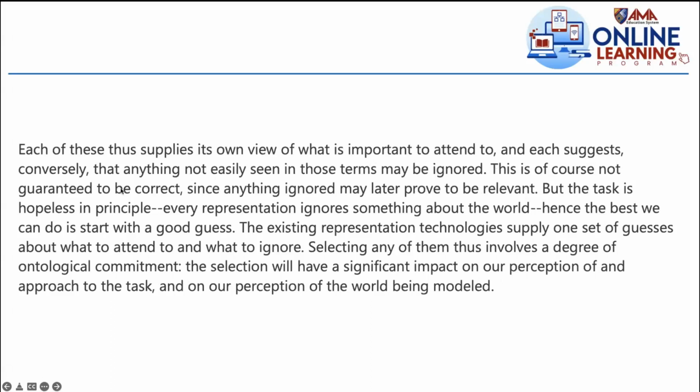So if you choose rules, or logic, or frames, or semantic networks to represent knowledge, each of those has its own view of what to focus on. And therefore, there will be a blurring effect, because you focus on that in terms of rules.